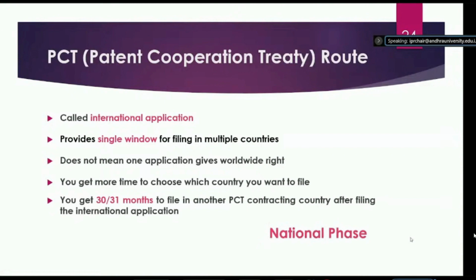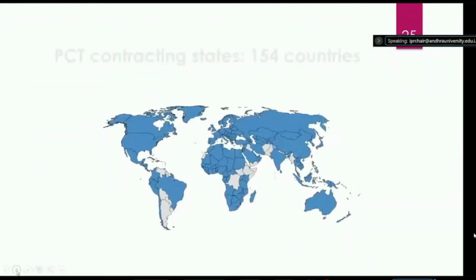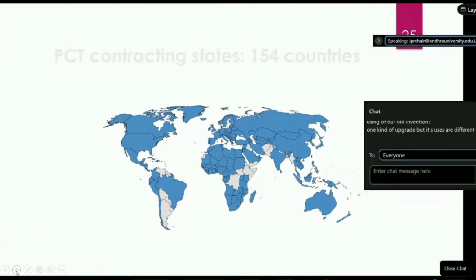When you go to the different countries within 30 to 31 months, that phase is called the national phase. These are the PCT contracting states. There are 154 countries. You can see that Myanmar is not there in PCT. Most of our neighbors like Bangladesh, Nepal, Bhutan, Pakistan, Afghanistan are not there in PCT.